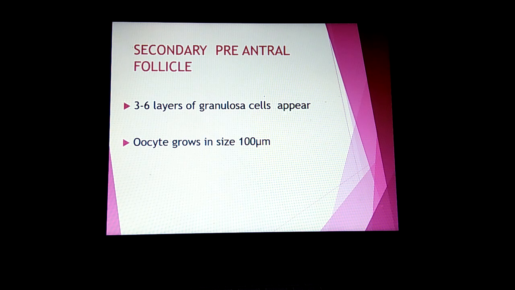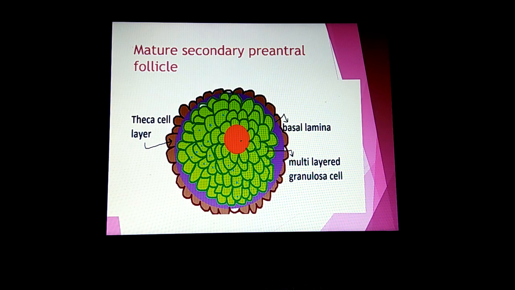So a secondary preantral follicle is one which has multiple layers of granulosa cells, and the oocyte grows in size to 100 micrometers. Now a mature secondary preantral follicle. Still, the follicle is a preantral follicle. We are studying the subdivisions of the preantral follicle. So you call it a mature secondary preantral follicle when the theca cell layer appears.